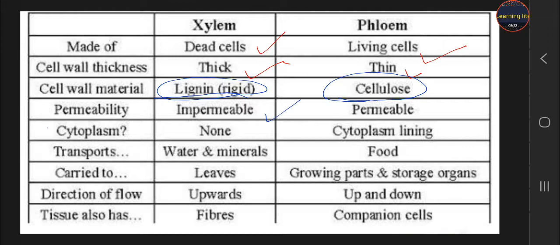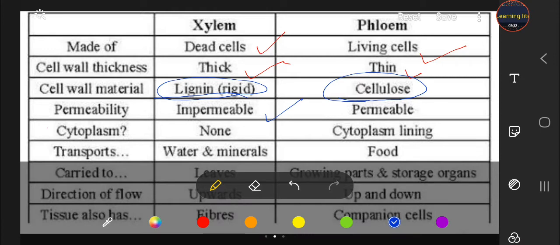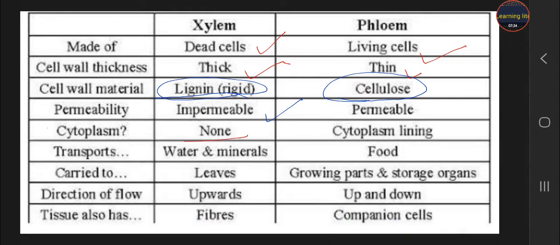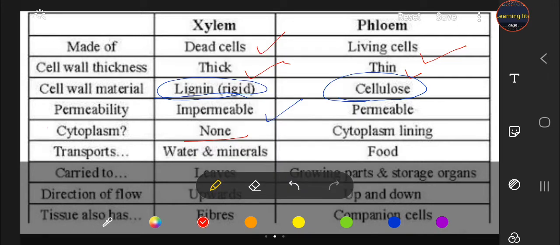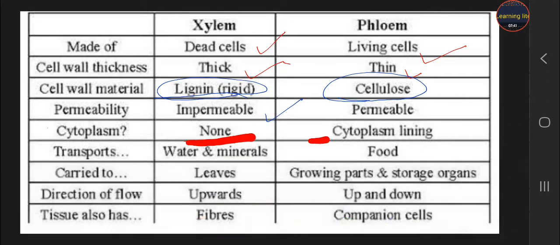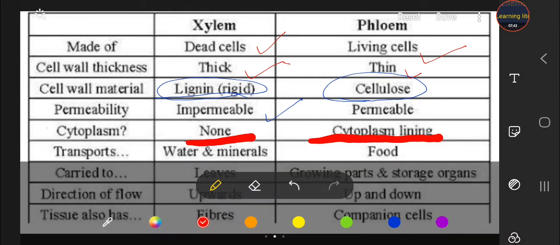Xylem is impermeable, students, and phloem is permeable. Impermeable means no water can go outside the membrane of xylem. Xylem has no cytoplasm, students, but phloem has cytoplasm.